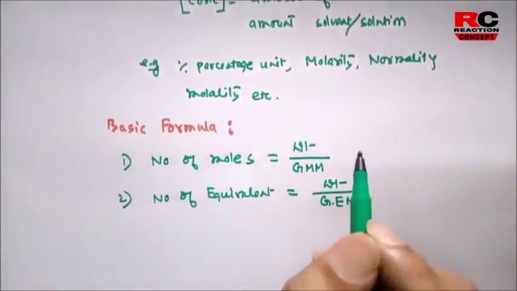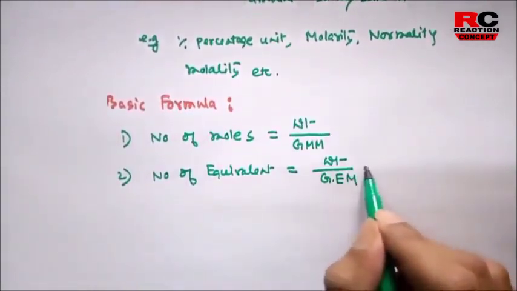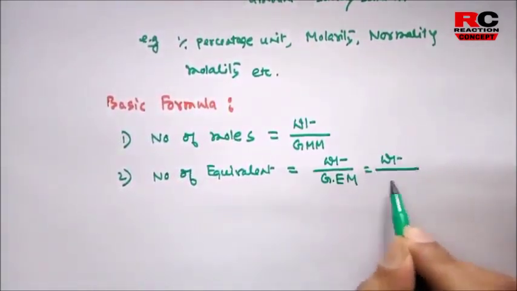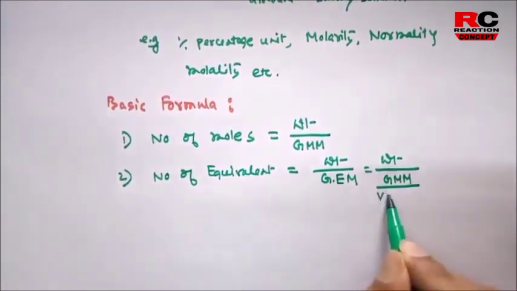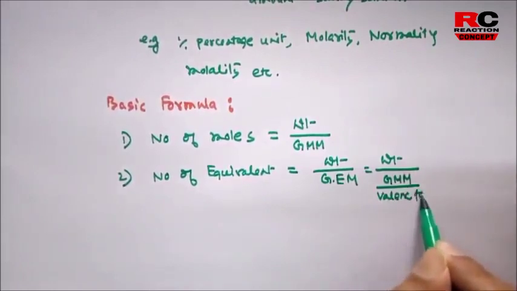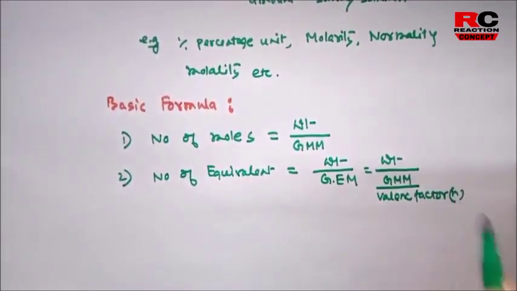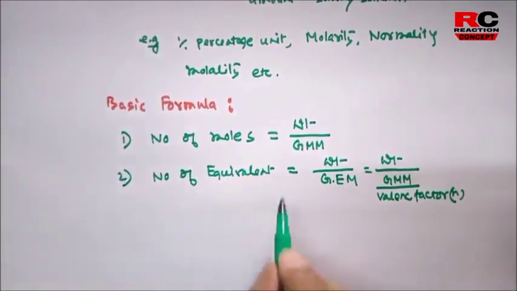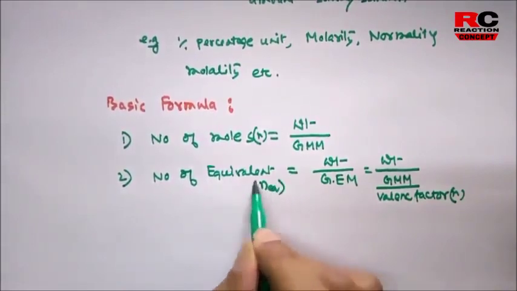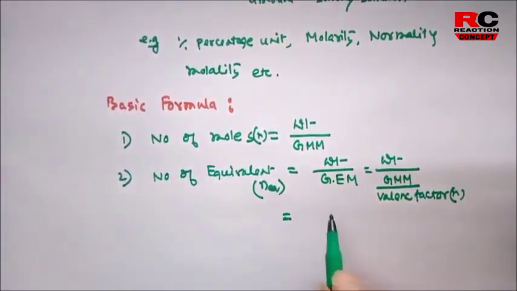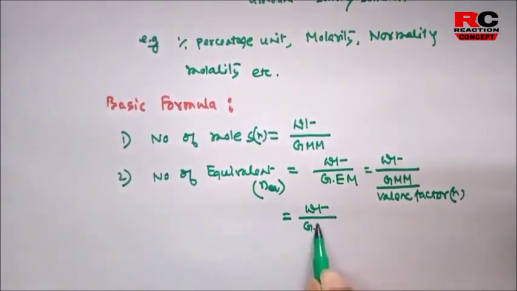This gram equivalent mass can again be expressed as gram molecular mass divided by valence factor. So the number of equivalents, denoted by N_eq, is equal to the given weight of a substance divided by gram molecular mass into valence factor.